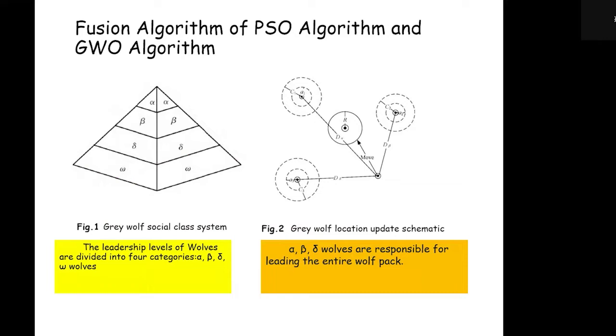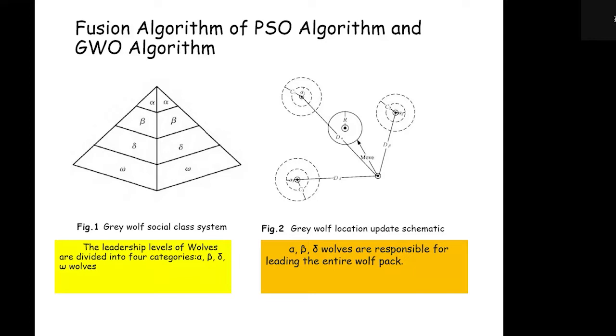Alpha, beta, and delta wolves have the first, second, and third best fitness. In the grey wolf pack, these three wolves are responsible for leading the entire wolf pack. We can see the process in figure 2.